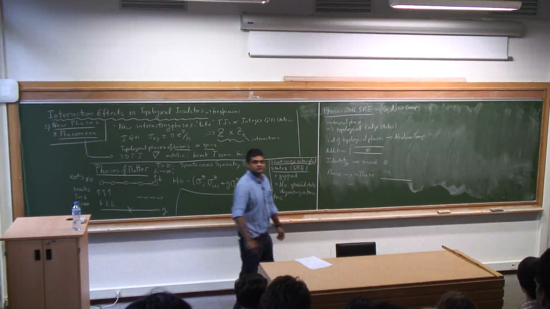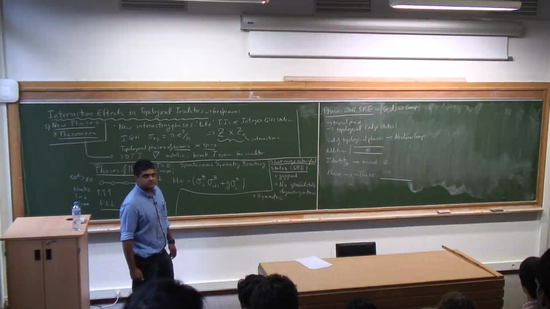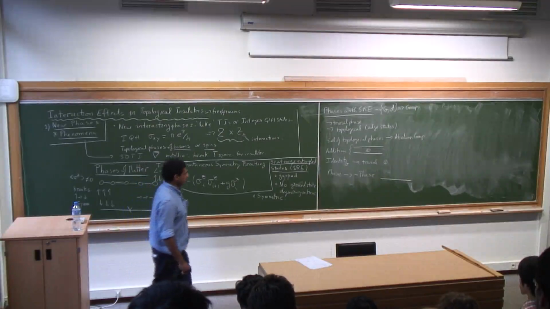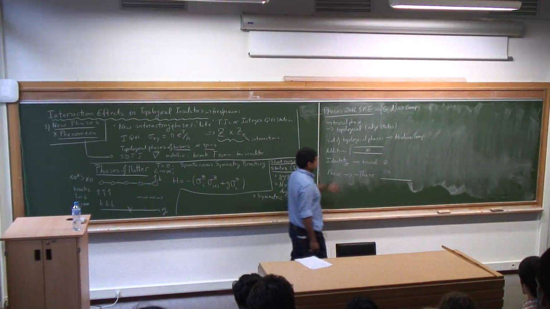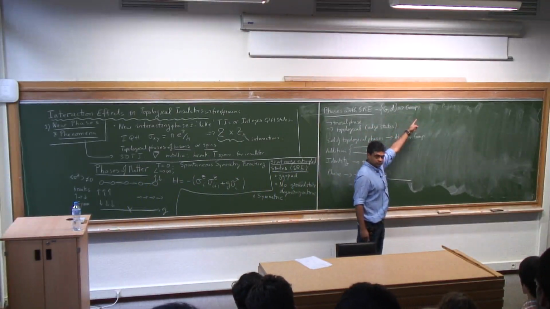Question: is there a relation between the group G, which, if I understand correctly, is a symmetry group of the Hamiltonian, and the group of topological phases? That's a very good question. With certain restrictions, there's a way to go from this to that group.